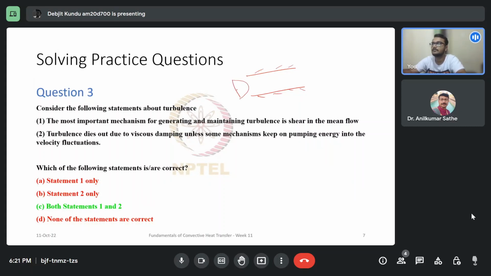We can take a parabolic velocity profile like we see in Hagen-Poiseuille flow, and above some Reynolds number, above Re critical, if there are some disturbances, say the pipe is not perfectly smooth, there are bumps, plus there are pressure fluctuations everywhere, then due to viscosity some eddies are formed, and the origin of that is shear.